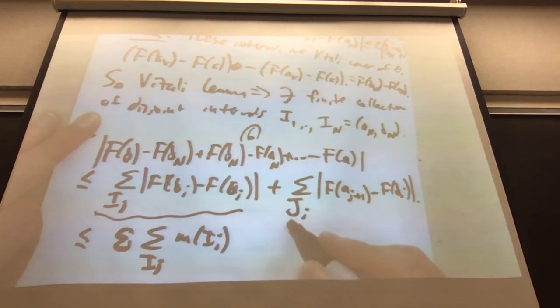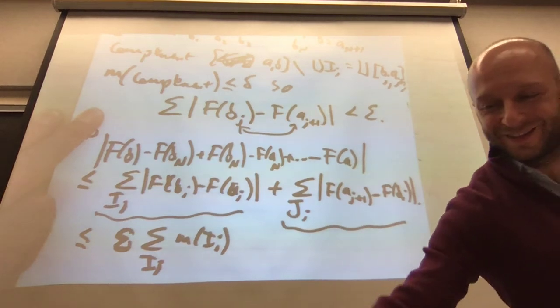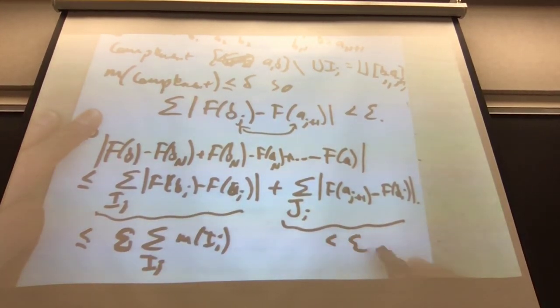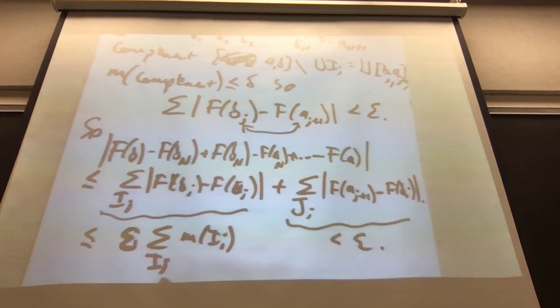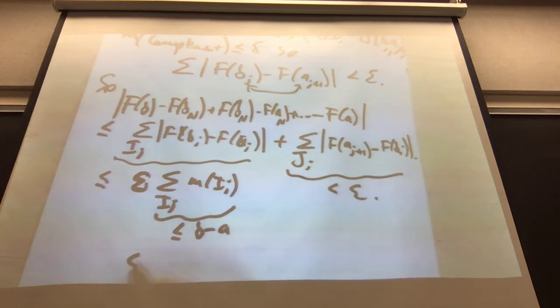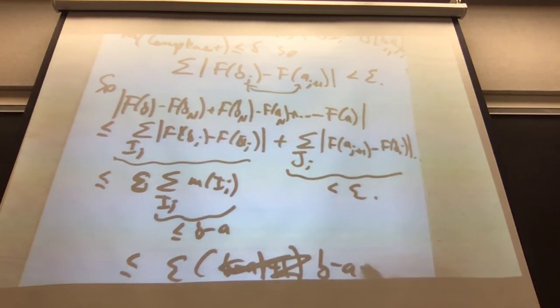Why is that small? Absolute continuity. This is less than epsilon. This adds up to, at most, b minus a. So the whole thing is less than epsilon times b minus a plus 1.